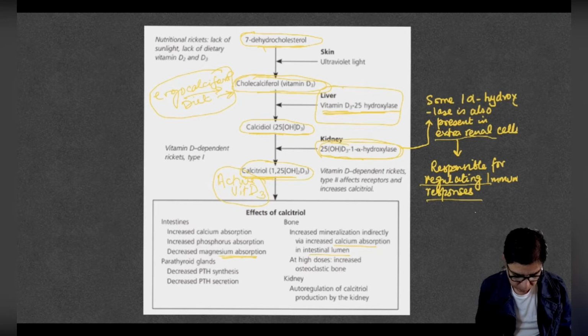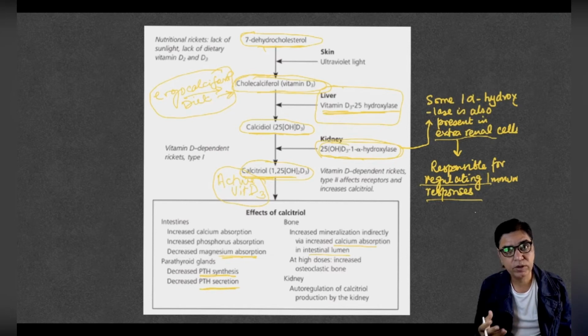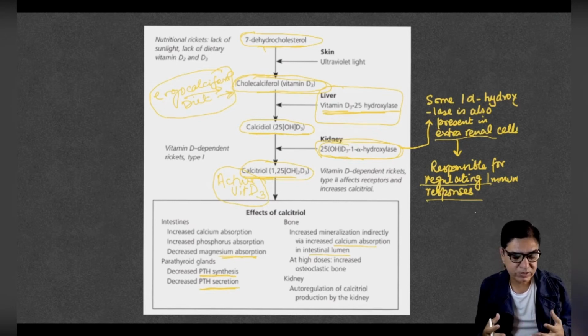It also decreases parathormone synthesis and secretion. That's why in most cases where calcitriol is deficient, there will be a lot of parathormone production in the body. That is basically secondary hyperparathyroidism, because it tries to mobilize calcium and keep the calcium levels constant. But this calcium comes from the bones, and ultimately the bones become weaker and weaker.